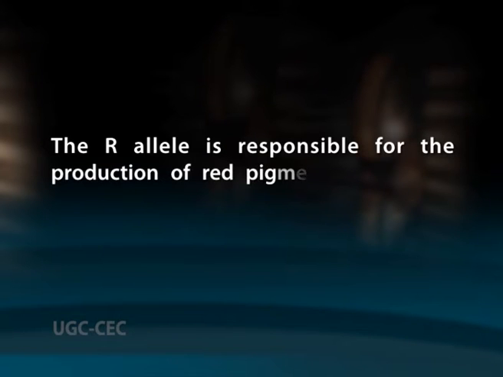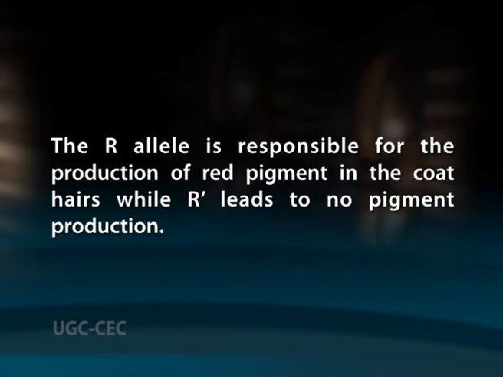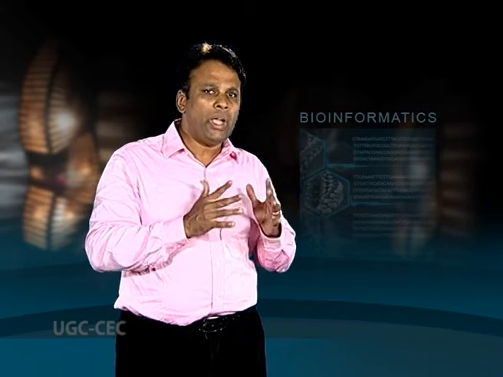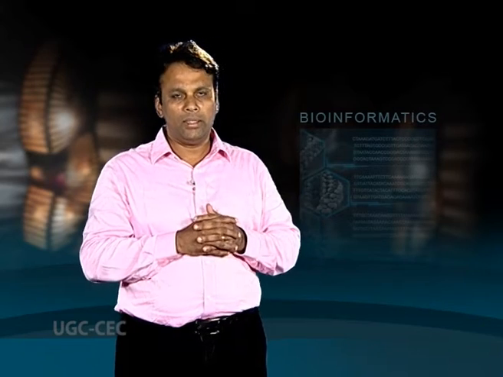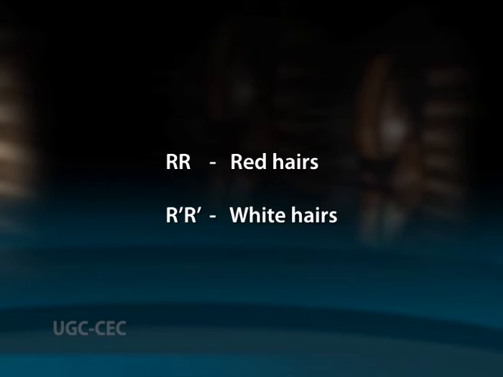The R allele is responsible for the production of red pigment in the coat hairs, while R prime leads to no pigment production. There are alleles for red and white hair in roan cattle. Animals having the genotype RR have red hairs. Animals with the R prime R prime genotype appear as white.